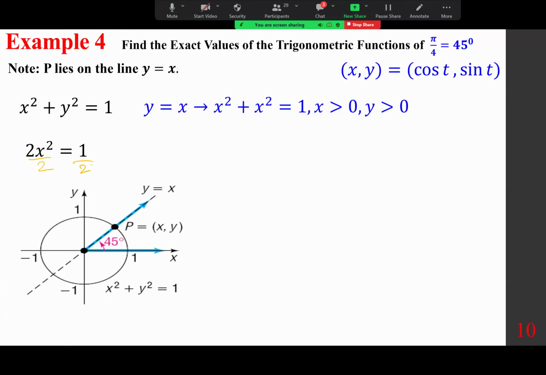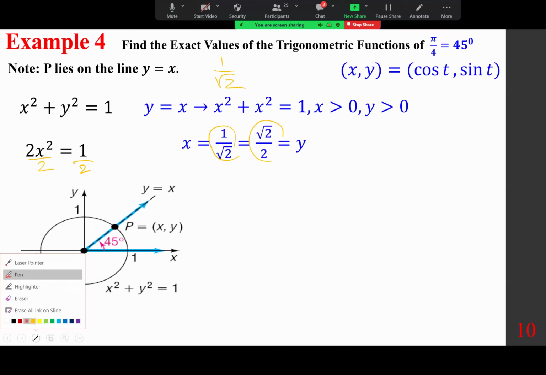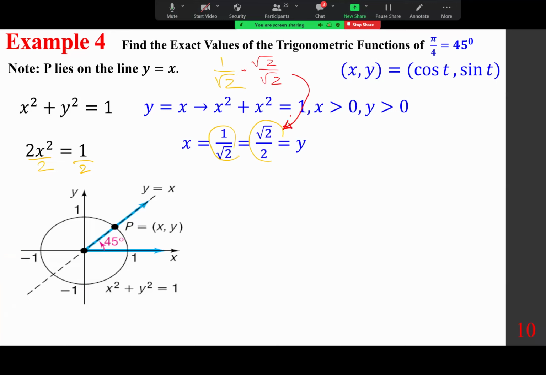X is plus minus, but we are in the first quadrant, so x is positive: 1 over square root of 2 or square root of 2 over 2. And please, it's one of those common numbers. You should know 1 over square root of 2 and square root of 2 over 2 are the same, because if you multiply this one by square root of 2 over square root of 2, you get this one. So you should know that.